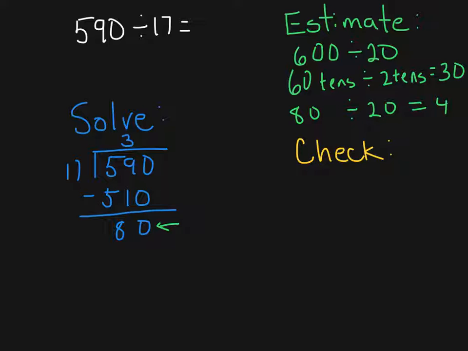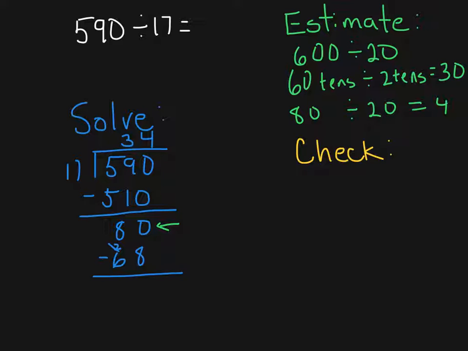So that seems like a good guess for the digit in my ones place. 4 times 17 is going to be a little less than 80 since 17 is a little less than 20. And 4 times 7 is 28. I'm going to carry that 2, and 4 times 1 is 4, plus this 2 will give me a total of 6 in the tens place.